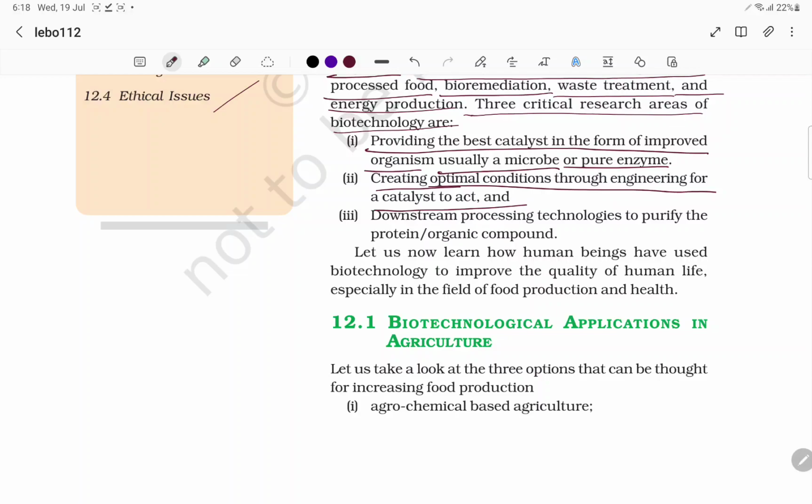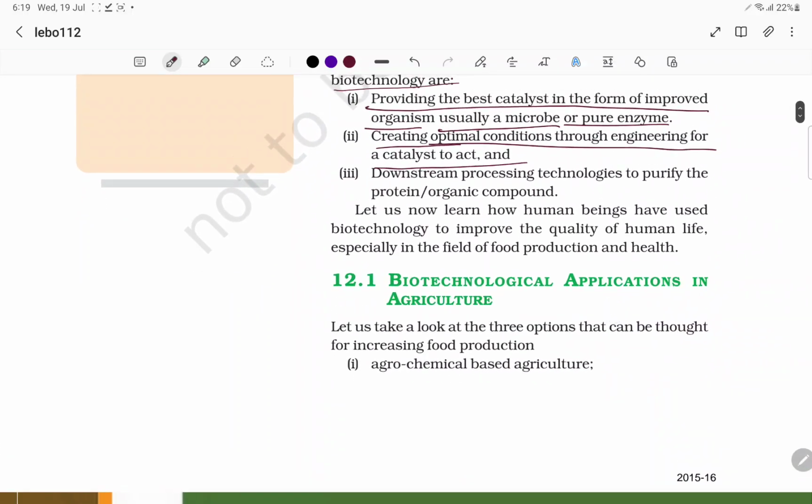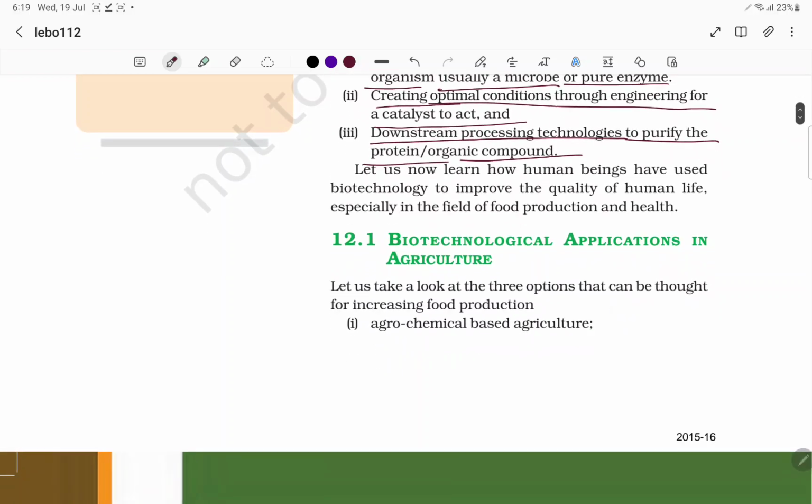Next, downstream processing technologies to purify the protein or the organic compound.